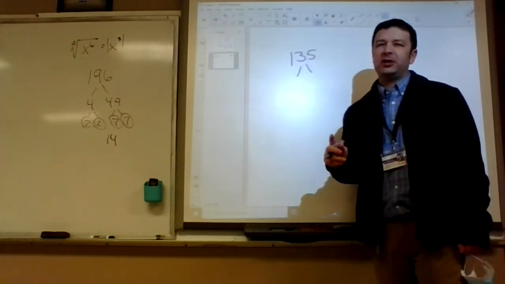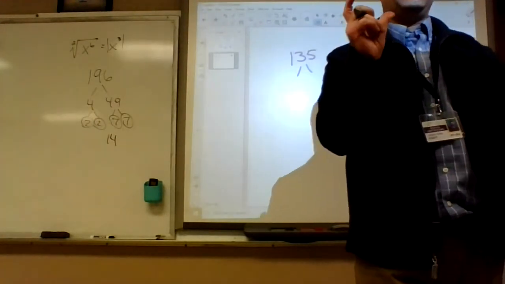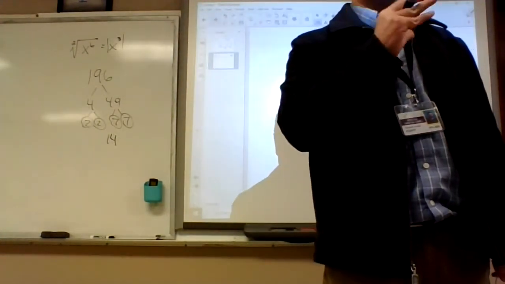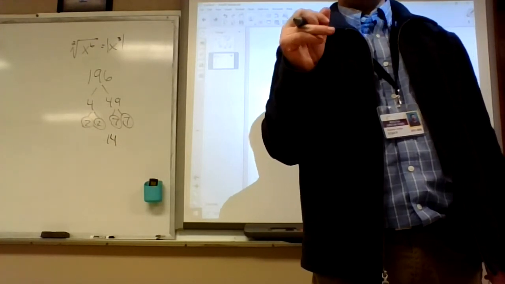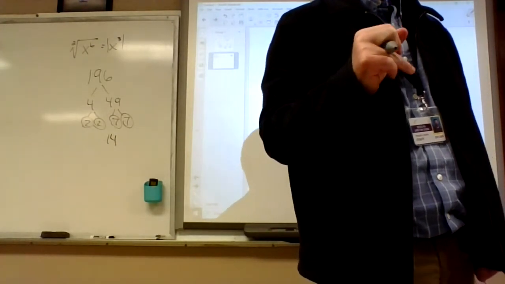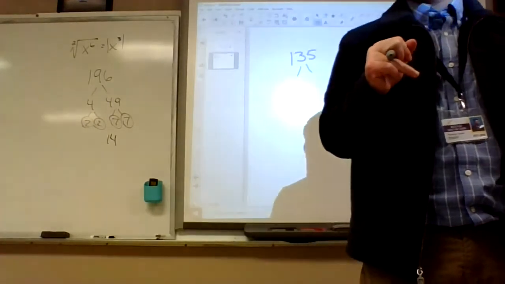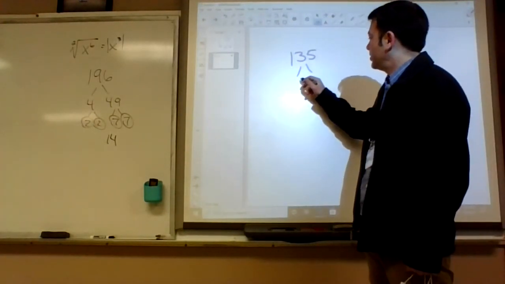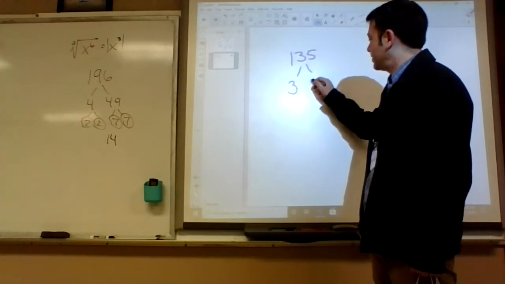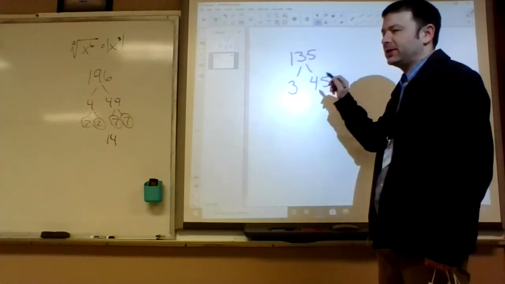So for a cube root, we need 3 of something, right? Wait, it says 3 square root of 15. No, it's 3 and a 45. 17 is a cube root, 3 and 45, not a square root. Okay, 135 is 3 times 45. You just plug it in and divide by 3 in the calculator, I assume.